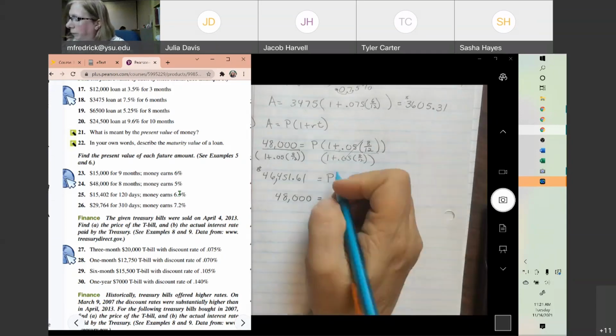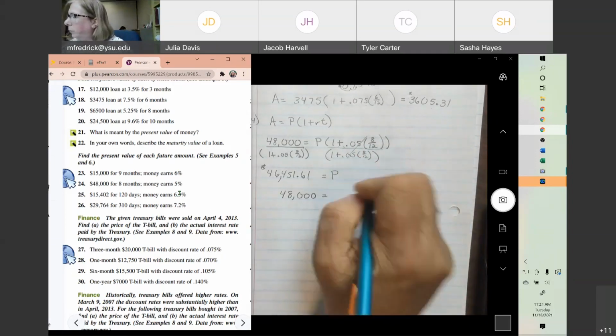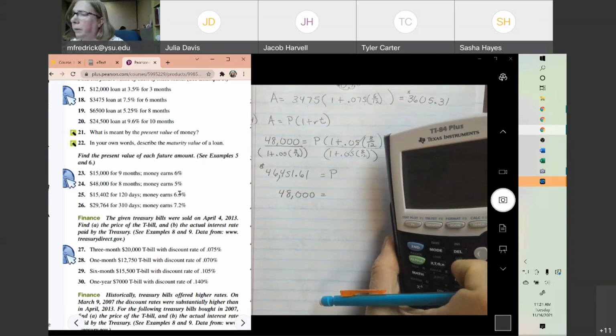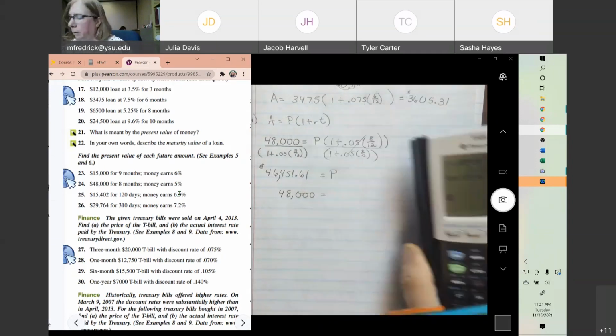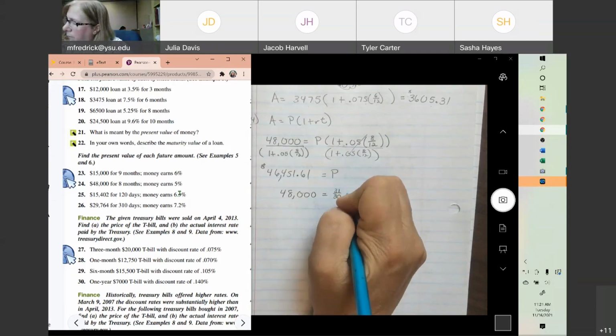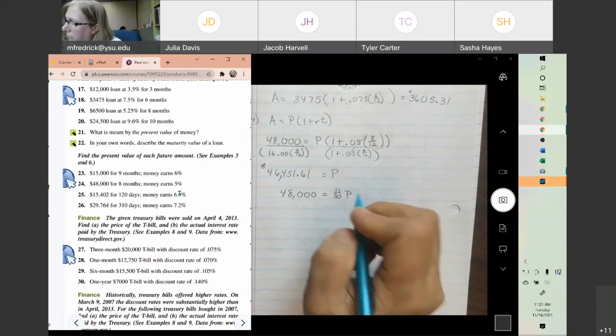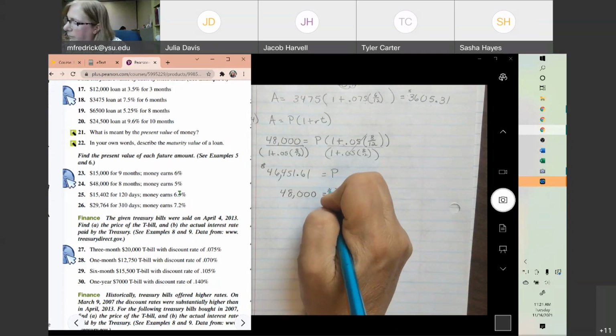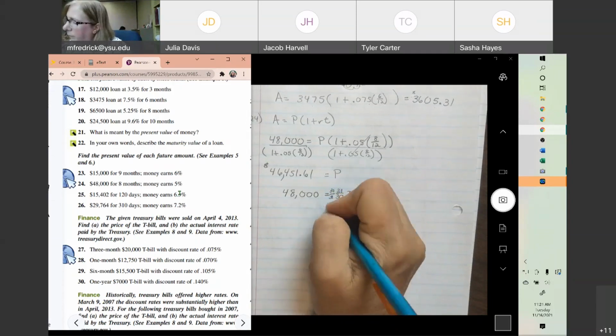So we could put 48,000 equals 31 over 30. And then multiply by its reciprocal to get rid of it.